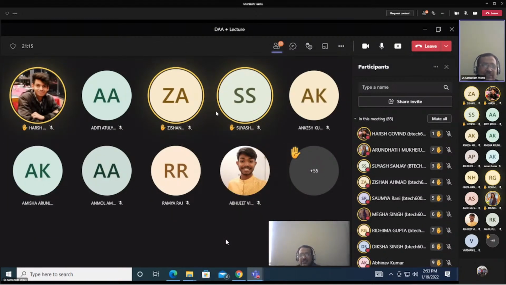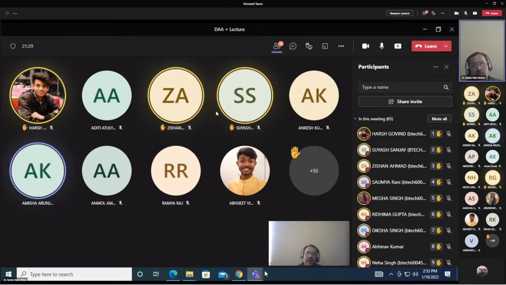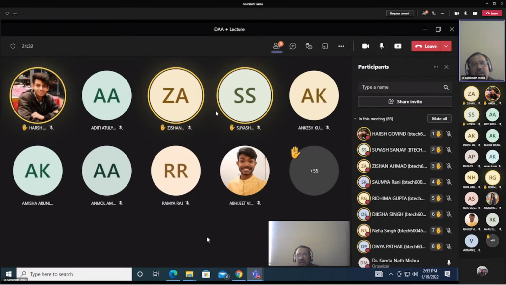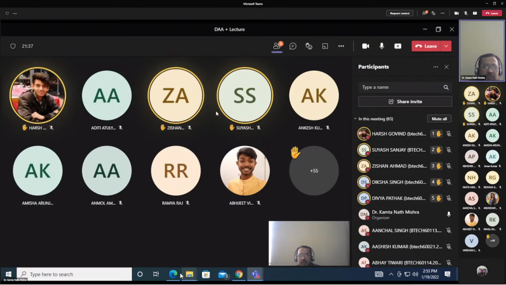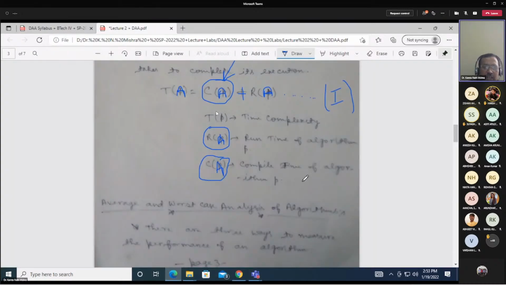The amount of time taken by the algorithm while its compilation and while its execution, or amount of time taken by a program for its compilation and execution will be called as the time complexity. And mathematical, thank you, bring your hands down everyone. And mathematical formula is this one. This is TA equal to CA plus RA, or TP equal to CP plus RP.